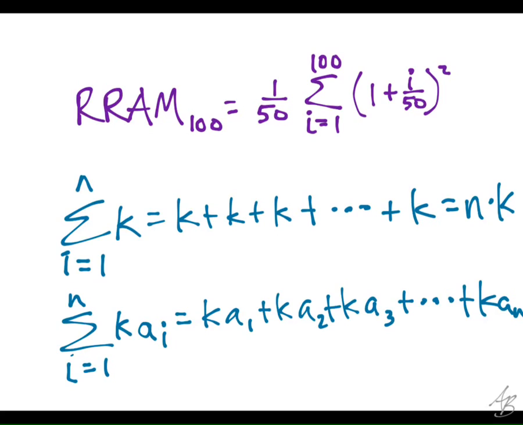What can we do with that to simplify it? Factor out the k, right? And when we factor out the k, what's left is a sub 1 plus a sub 2 plus a sub 3 plus all the way up to a sub n. And so we haven't gotten rid of the sigma when we do that, but we've simplified the sigma. That turns into this.